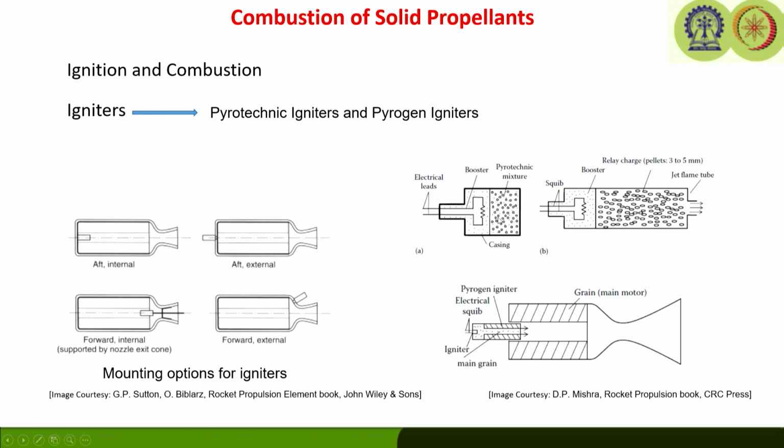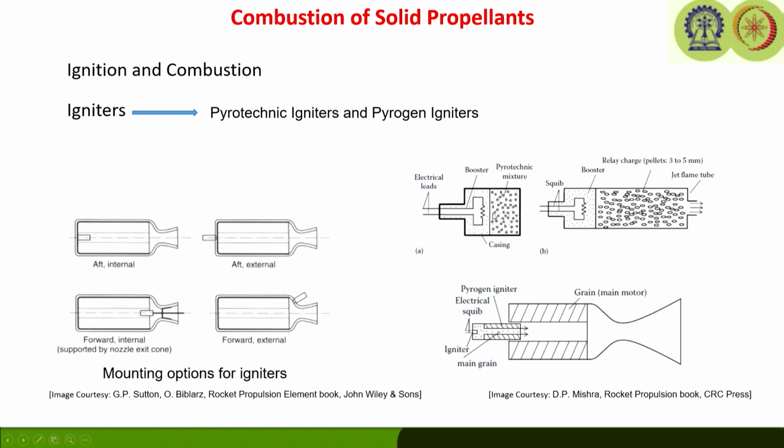Once the coil is heated enough, it ignites the pyrotechnic mixture, and once the mixture burns, it provides a hot plume of gases, including some solid particles. Depending on the composition of the igniter propellants, it provides hot gases that impinge on the propellant surface, and that will lead to ignition. So, this is the typical pyrotechnic igniter.